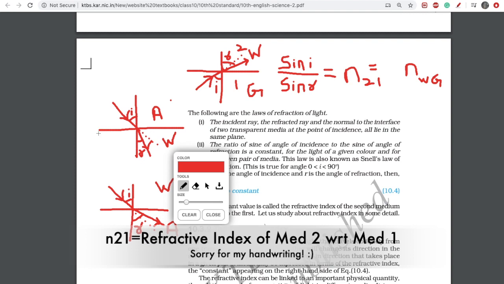Wherever incidence is there, 1. Wherever refraction is there, 2. Here incidence is happening here, 1, and refraction is happening here, 2, so n21 is the refractive index of water with respect to air.